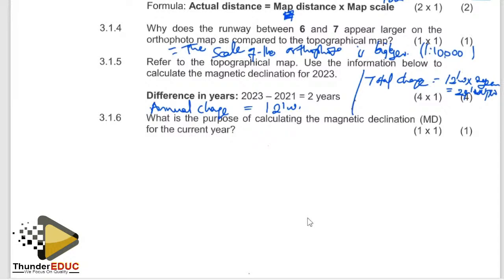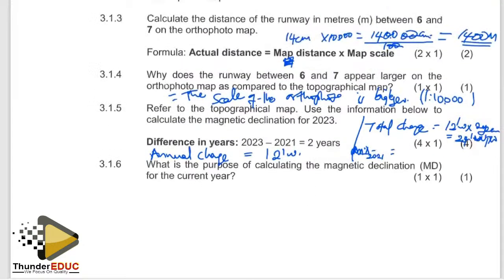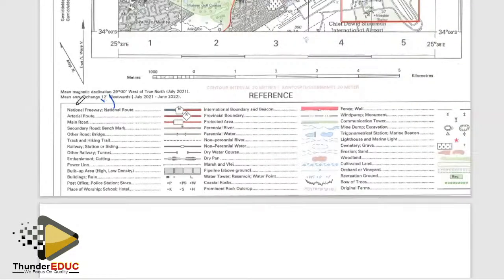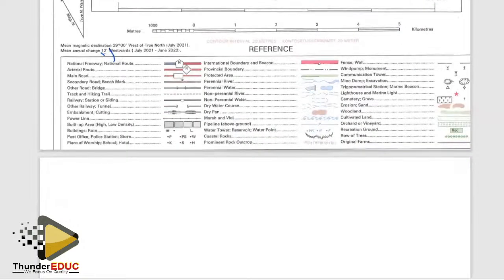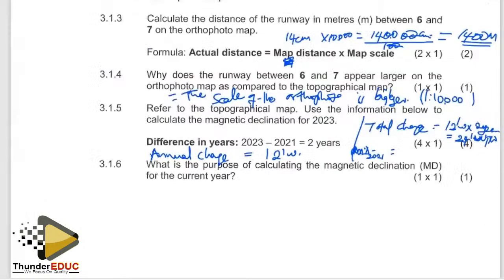So we get the magnetic declination for 2021. You check on the map, the one for 2021, it is 29 degrees 00 minutes.